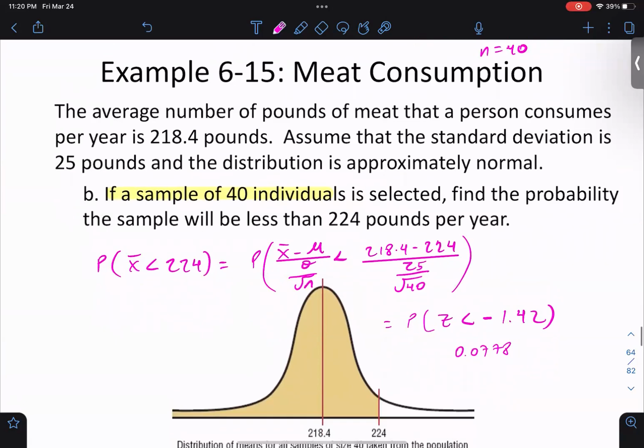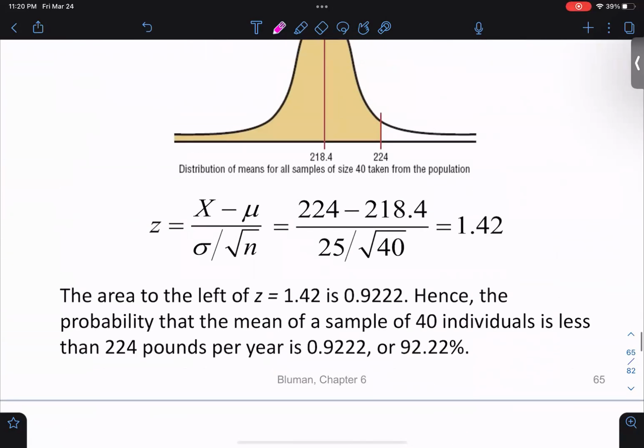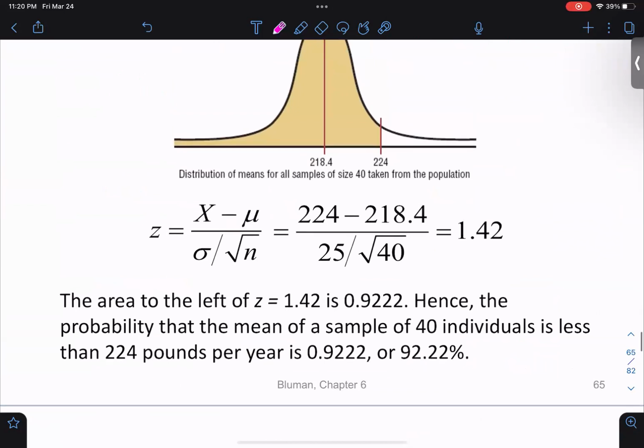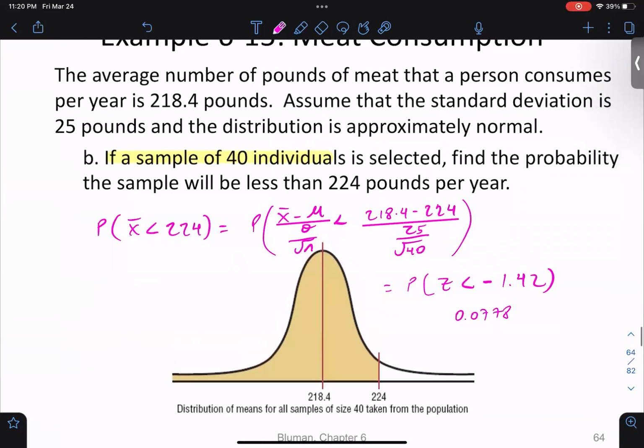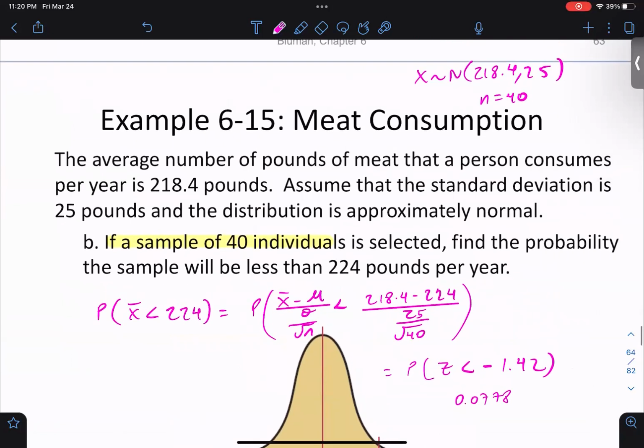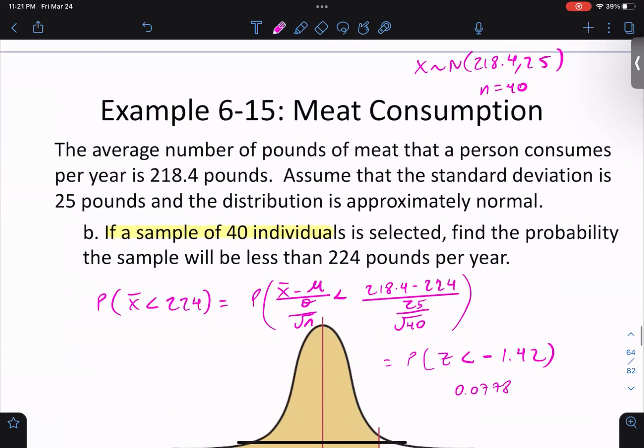Okay, let me double check, because I see that they have something else. Did I calculate this wrong? The average is 218, 25 is the standard deviation, they're asking for 40. Ah, okay, I know what I did wrong.